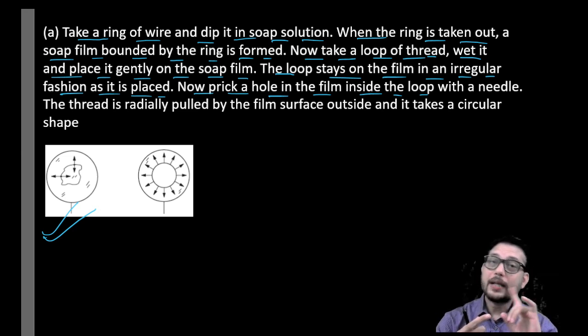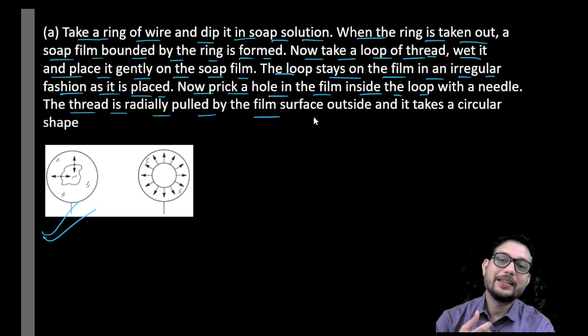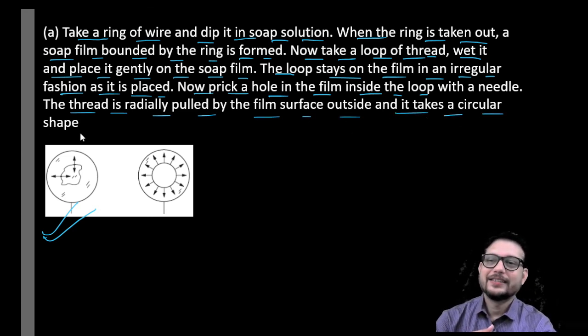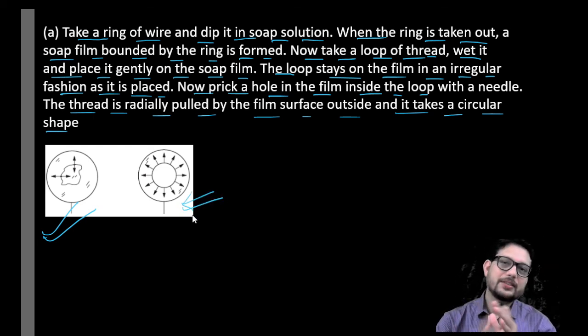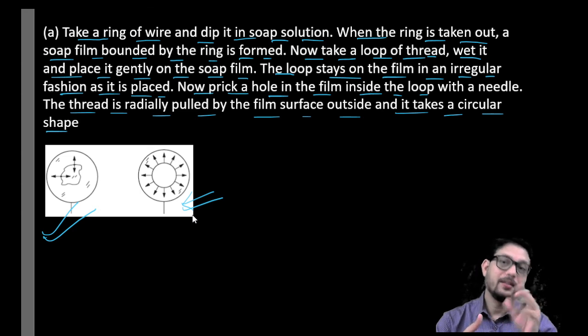And the loop, what type of loop? Loop made of the thread. Then you can easily see that the thread is radially pulled outward by the film surface and it takes a circular shape. So in this diagram you can see that now the irregular shape of the thread has completely become circular, like the shape of a ring.